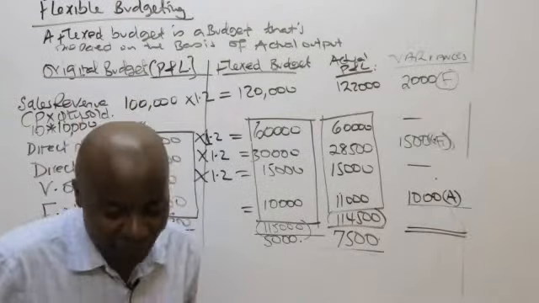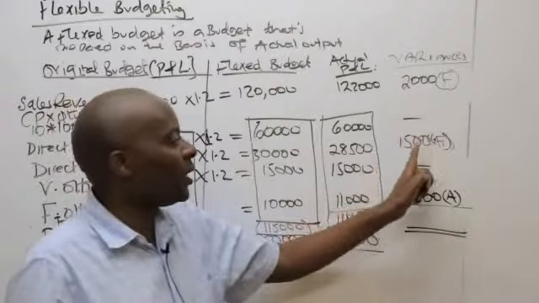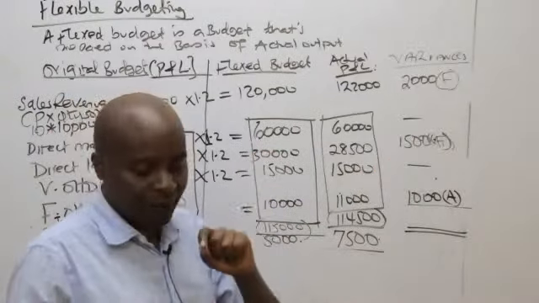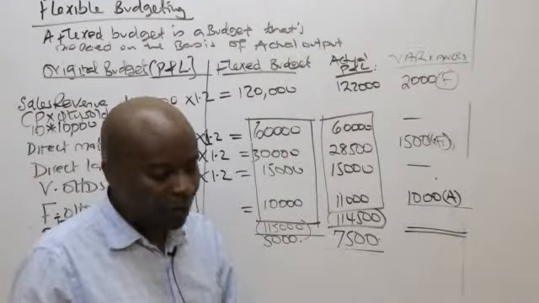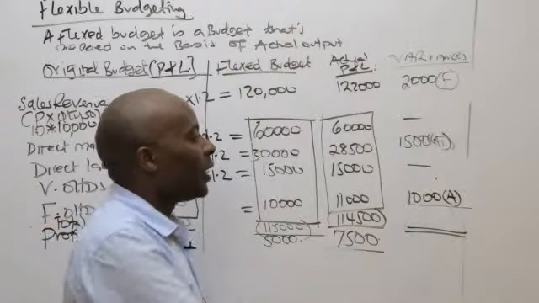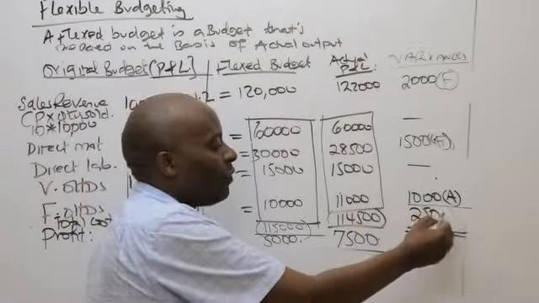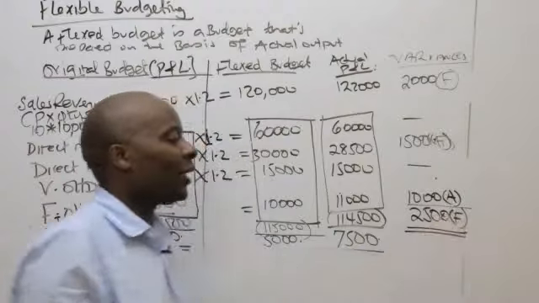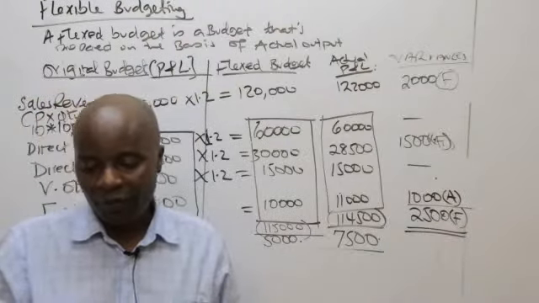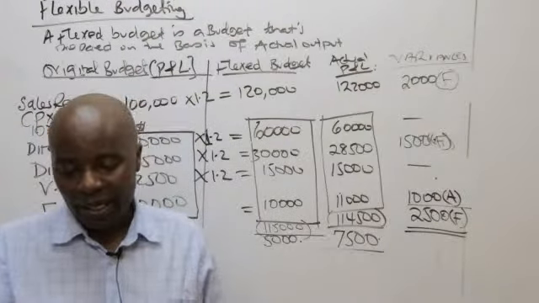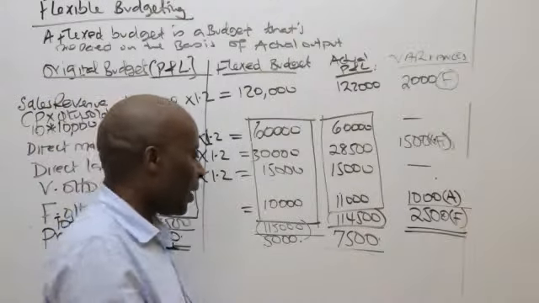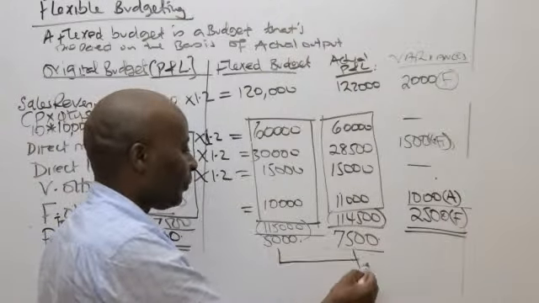So Millicent gives me, when you take this and this, that is 3,500 favorable. 3,500 favorable minus 1,000 adverse will give me 2,500 favorable like that. Now, ladies and gentlemen, come and subtract these two.